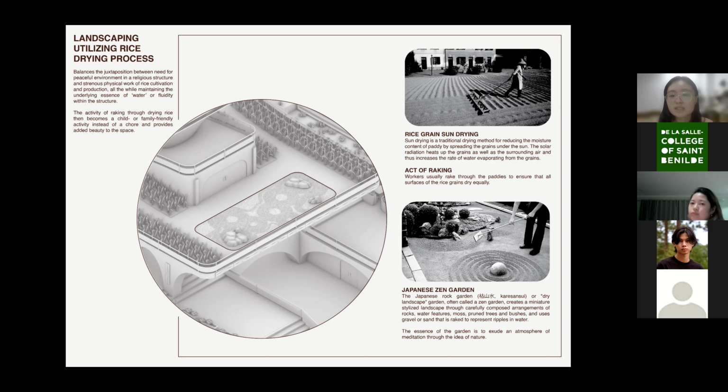And when we were looking into that, we saw that rice grain sun drying is actually a very tedious process in a sense that it needs to be raked multiple times to have the grains roll over and have equal sunlight exposure. So the act of raking ensures that the rice grains dry equally.